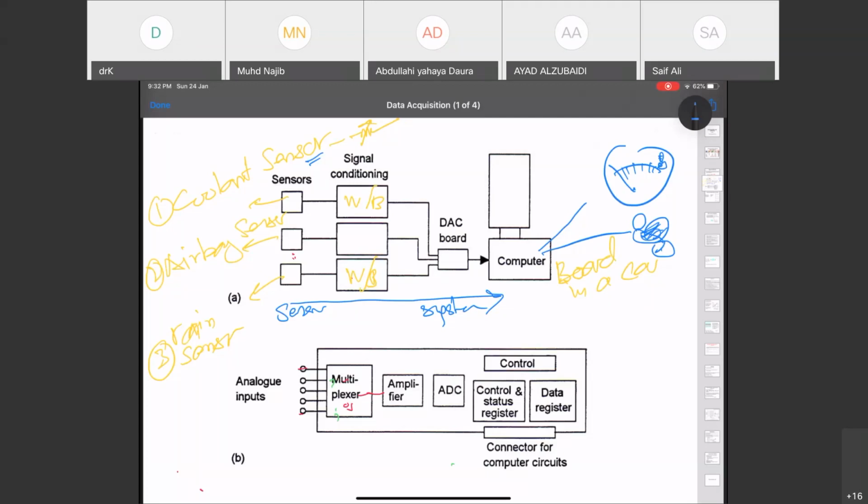Everybody, is everything okay? Because I get a little bit of delay. Maybe the network is creating it. Abdullah, can you use the chat box there?